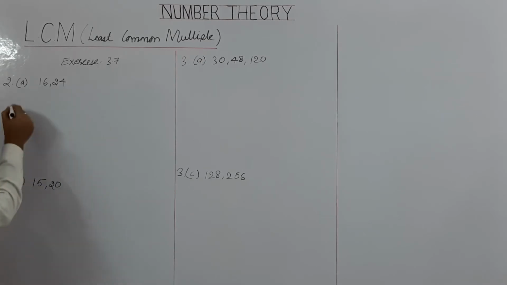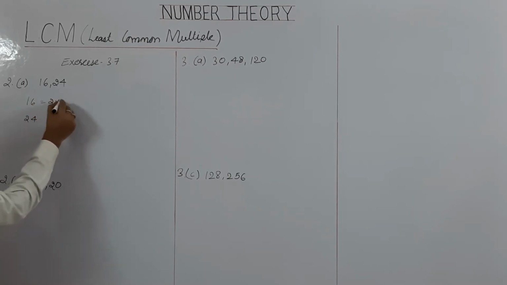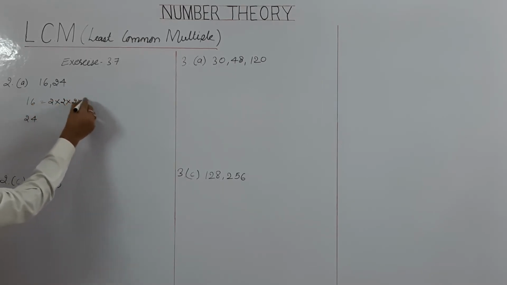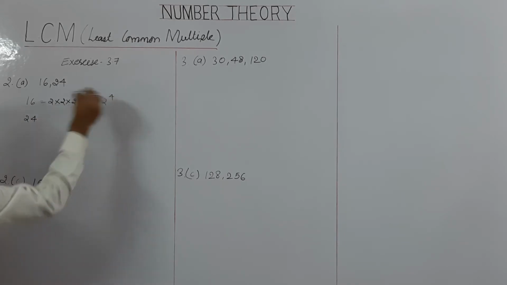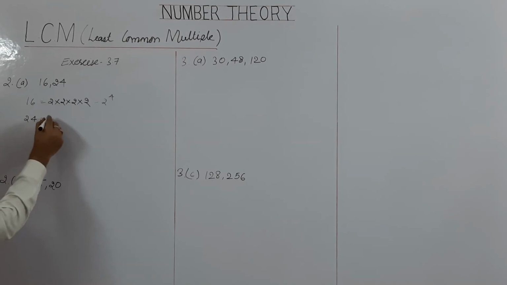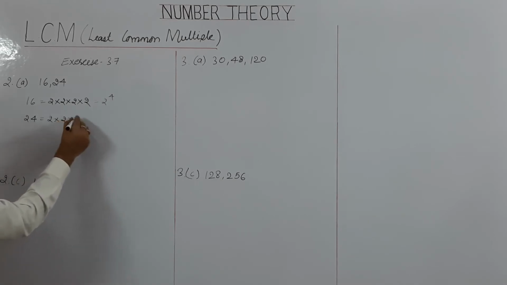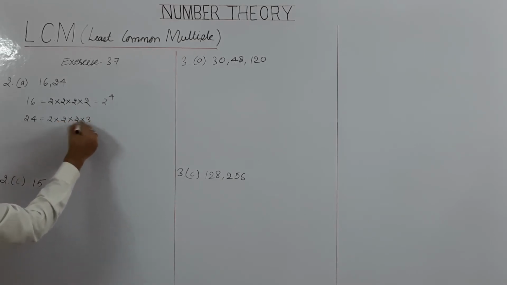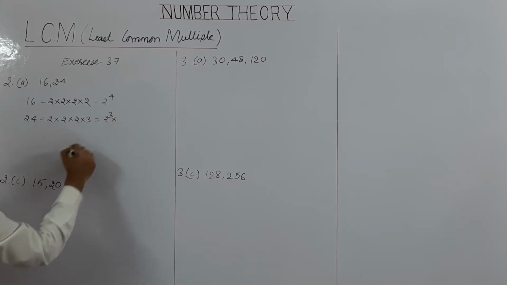So in the first step, write prime factors of 16 and 24. 16, 2 into 2 into 2 into 2 is 16, 2 to the power of 4. And for 24, 2 into 2, 2 into 2 is 4, into 2, 8, into 3 is 24. So 2 to the power of 3 into 3.